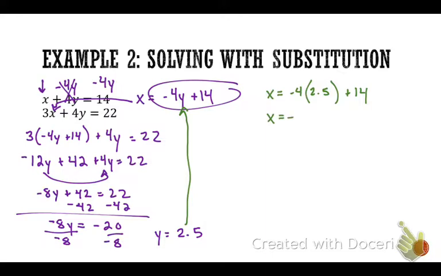Negative what? Think about quarters, right? 4 quarters. Oh. Negative 10. Yeah. 2.5 times 2 is 5, so 2.5 times 4 is 10. Negative 10 plus 14 gives me 4. All right, so my solution is 4 and 2.5.